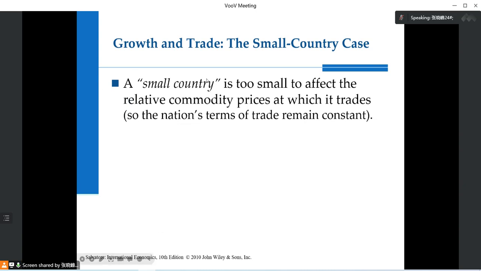Okay, a small country. Growth and trade, the small country case. A small country is too small to affect the relative commodity price at which it trades. So the nation's terms of trade remain constant. The small country.